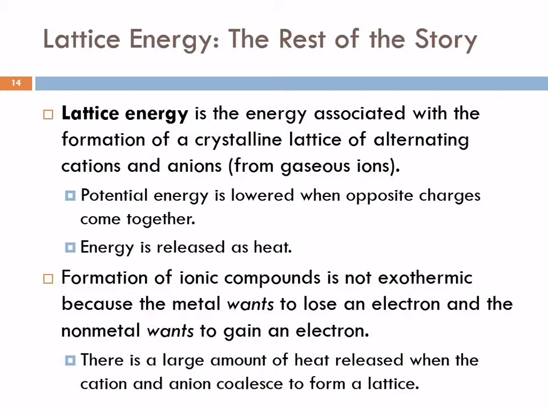The transfer of the electron is actually an endothermic process. It requires an input of energy from the outside. But once you form those ions, the force of attraction pulling them together releases a lot of energy, and that's why the thing happens at all. Any questions about that? We can talk about them wanting to do stuff, but we have to understand that that's not actually why they're doing it.